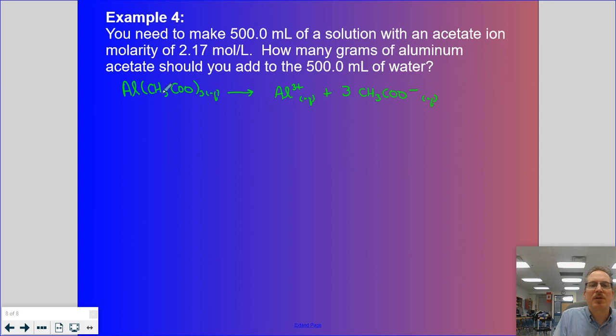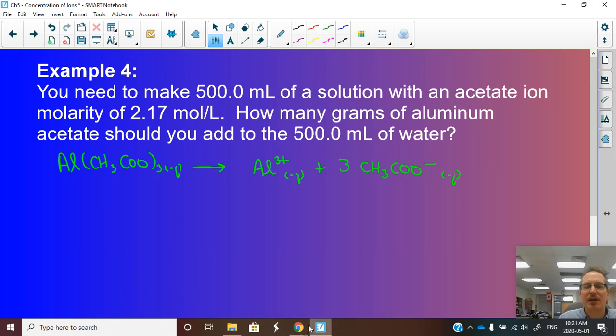Again, 1 aluminum, 3 acetates, 3 minus plus 3 positive, no charge. Wonderful.